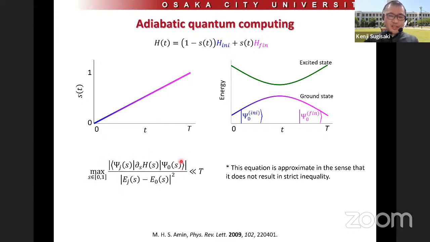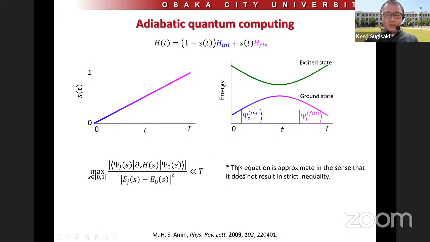So the numerator is just the energy gap between the ground and excited state, and this denominator represents how the variation of the Hamiltonian will result in some combination of the excited state from the ground state.